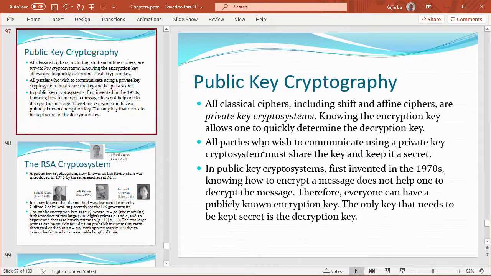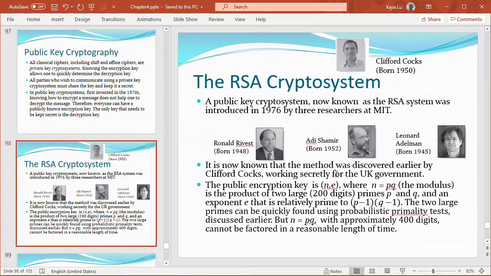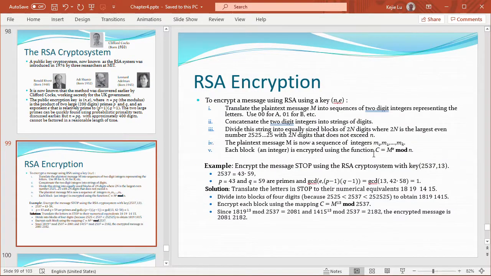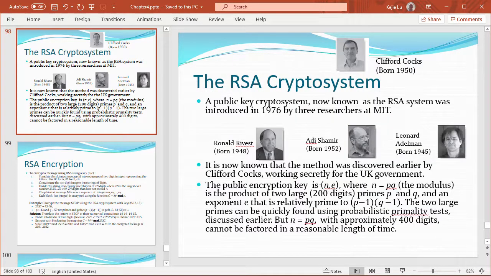In a lot of public key cryptography, and in particular in the RSA algorithm, RSA encryption, RSA decryption, we will need to do this modular exponentiation for very large numbers. You can find some discussions on pages 98, 99, and 100.